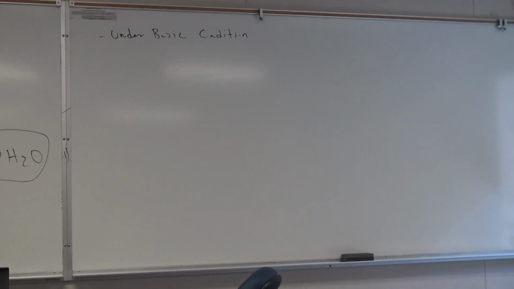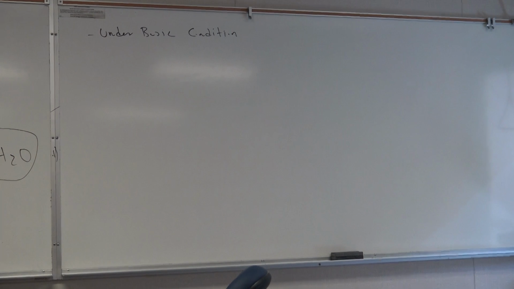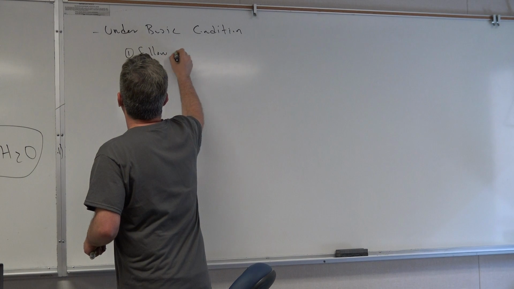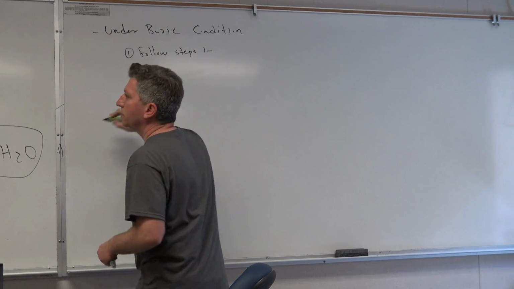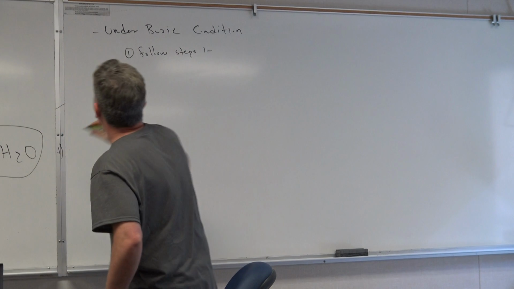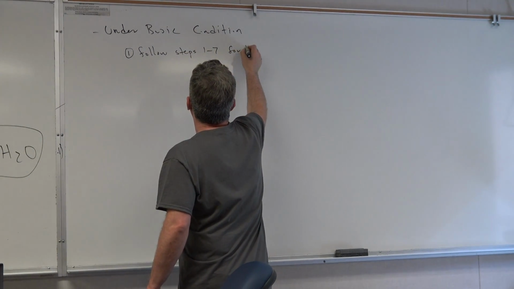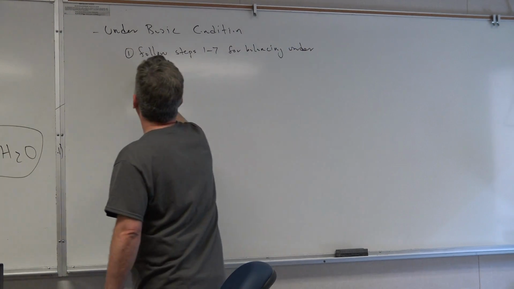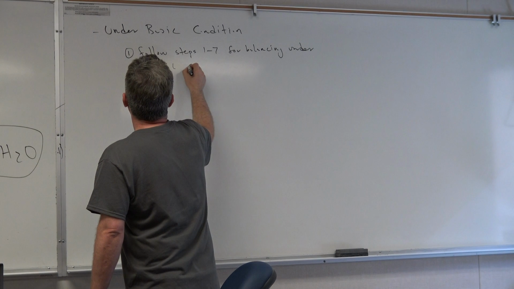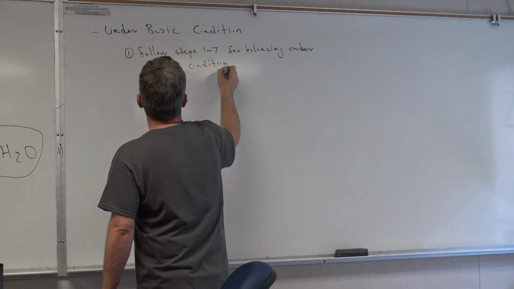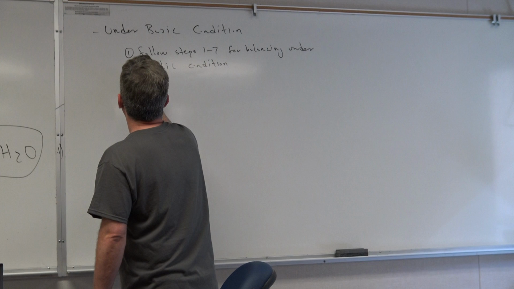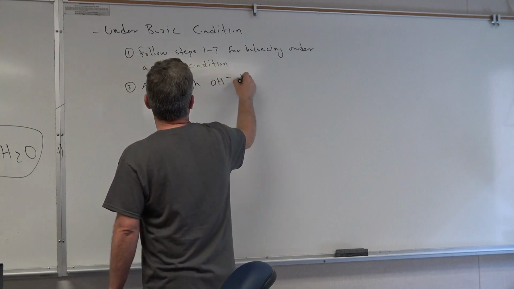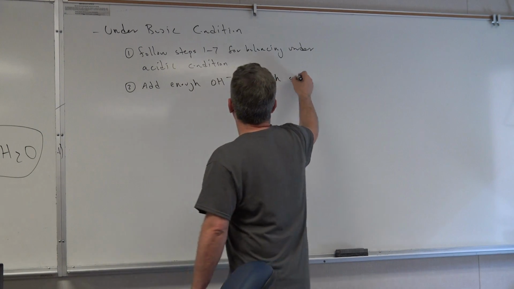So under basic condition, you need to follow steps 1 through 7 for balancing under acidic condition, and then add enough hydroxides to both sides.